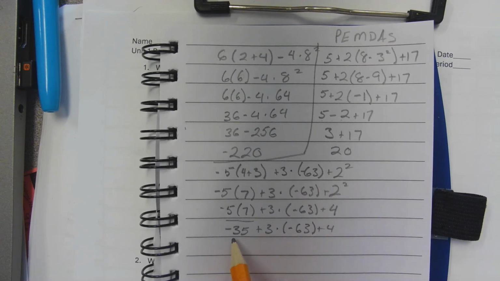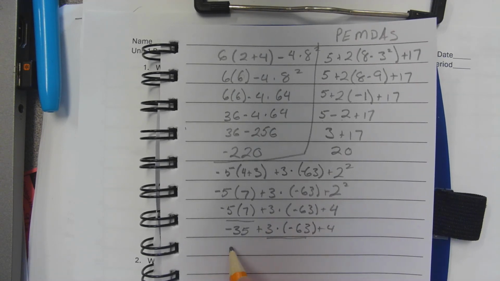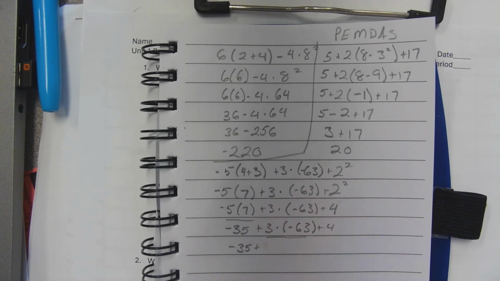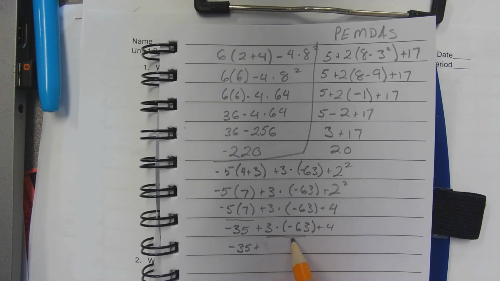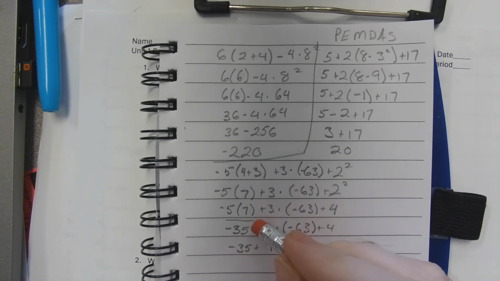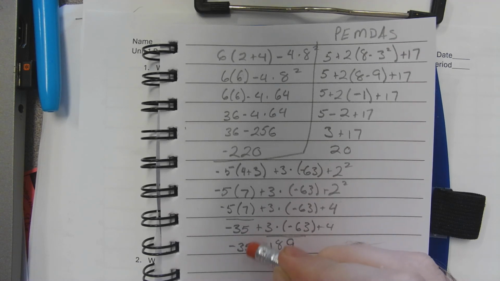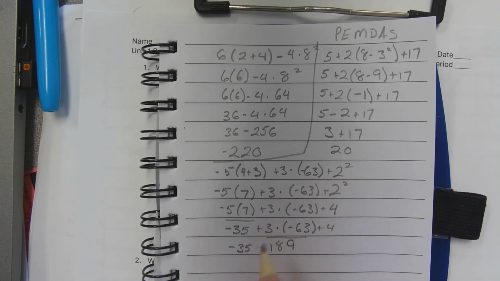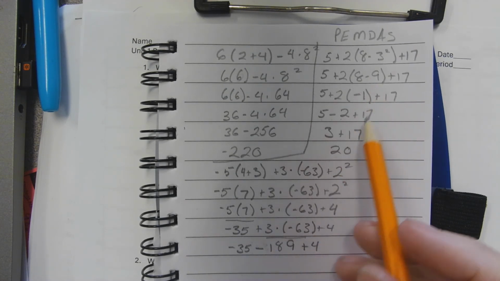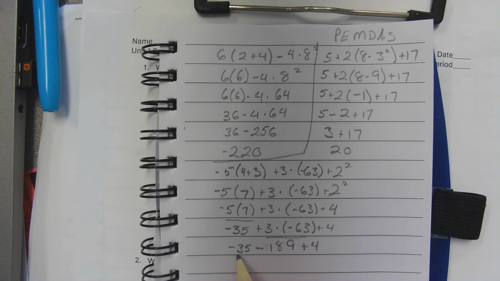Okay, multiply again. I don't know why I'm writing 3 when I'm about to be multiplying. 3 times 3 is 9. 3 times 6 is 18. And a positive times a negative is a negative. So minus 189. Now we add and subtract from left to right. So negative 35 minus 189.